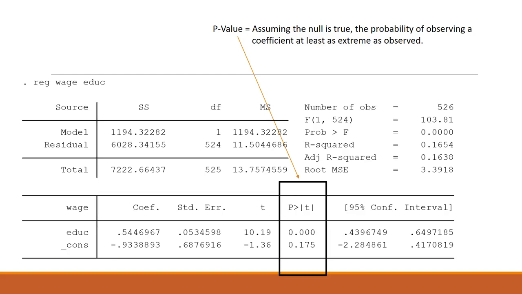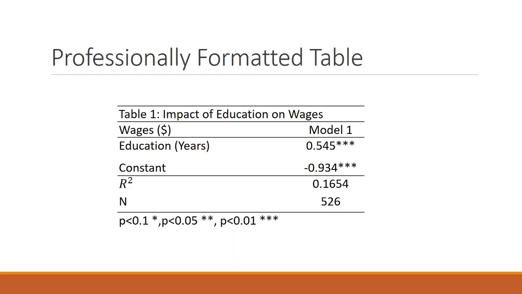That it's not just by chance that it's 0.544, but in fact that it reflects a real relationship between wages and education. Statistically significant. There is a statistically significant correlation between wages and education based on our hypothesis testing. All right, so it's very nice. It's all reported right there.